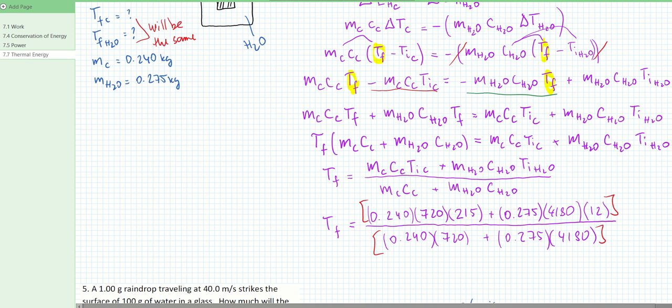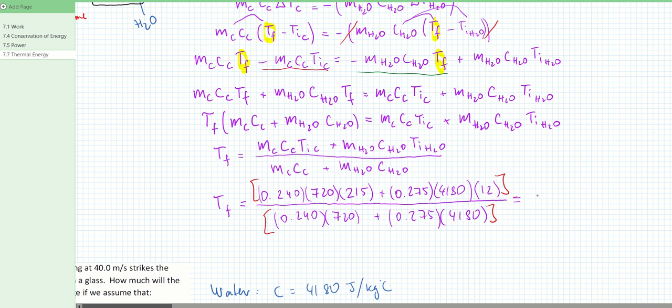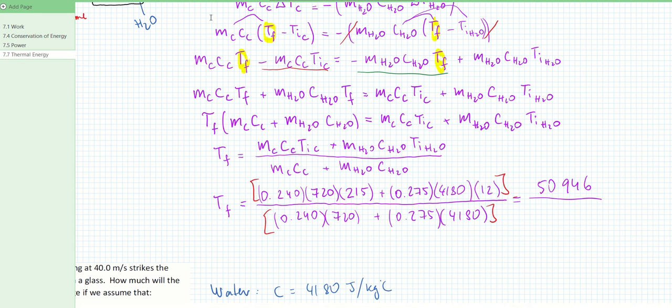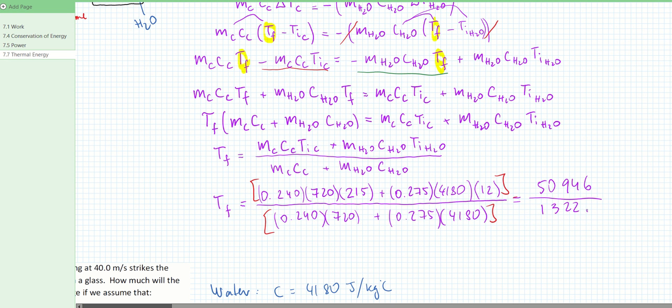For the numerator, so far, this is just an intermediate step, so you can kind of check where you are. So far I got 50,946. Let me do the bottom, the denominator, see what I get. At the bottom I got 1,322.3.